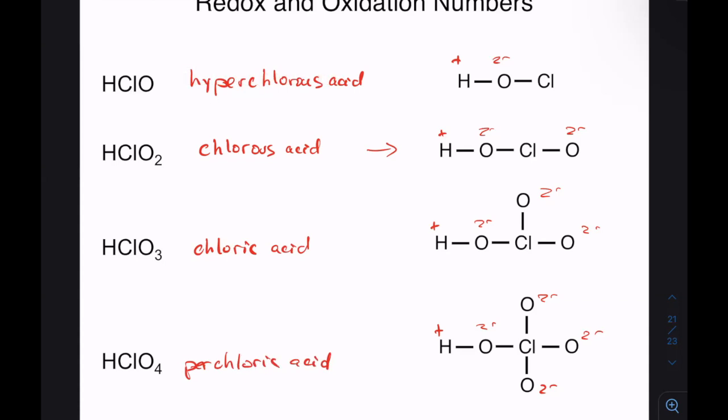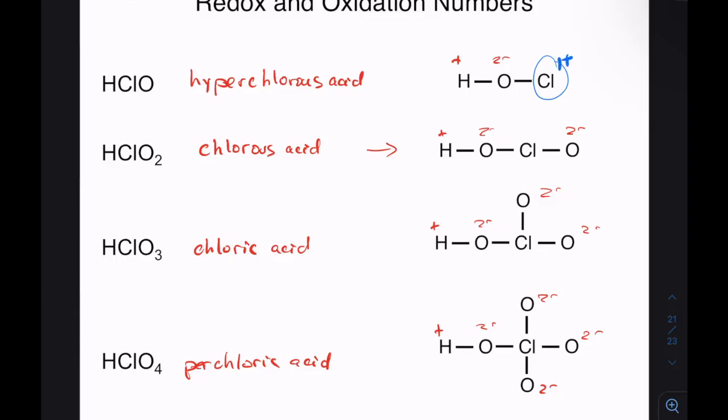Okay, so what did you say the chlorine was? Actually, let's start at the top. Let's go for hypochlorous acid. What's the oxidation number on the chlorine here? 2- and 1+. So it's got to be +1, right? That's the only way that this balances out to neutral.